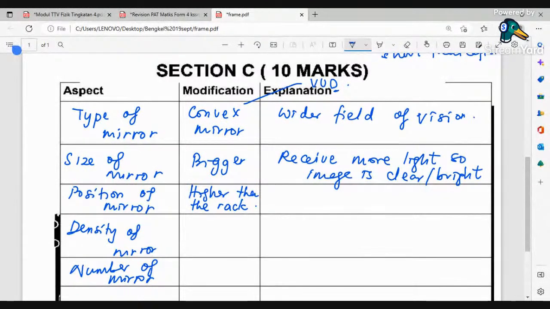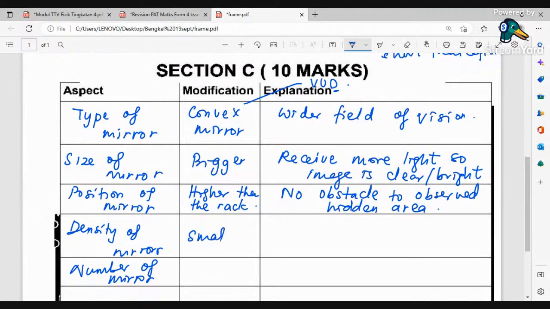Rack yang ada dalam tu mesti lebih tinggi daripada tu. So no obstacle. Okay, to observe hidden area. Kat dia terlindung tak nampak. Okay, density of mirror must be smaller because you want to put it at higher place so that it is lighter. Okay, easy to hang at higher place.